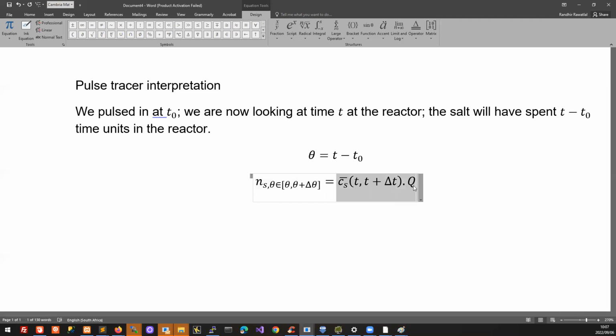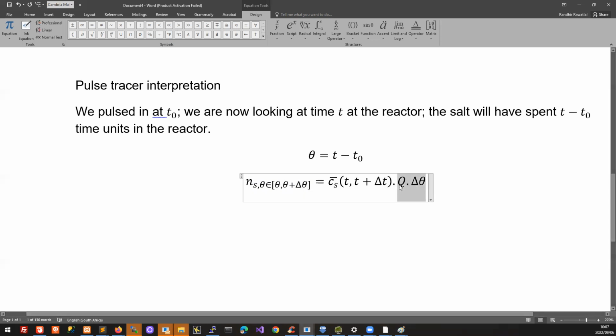What we actually want is the number of moles in that age range, delta theta. So if I multiply that by the time range, delta theta, then this product is the volume of fluid that has exited during the time span of interest, delta theta.